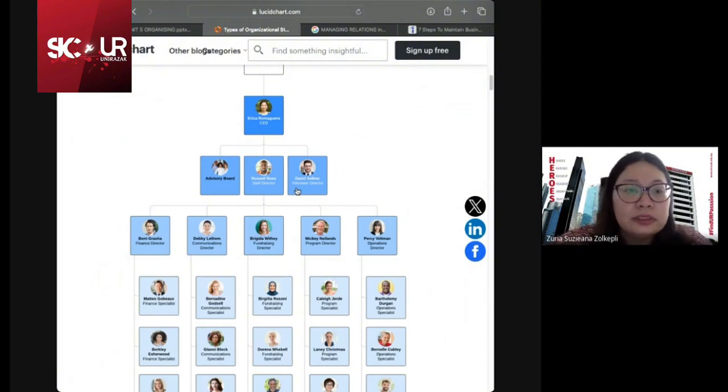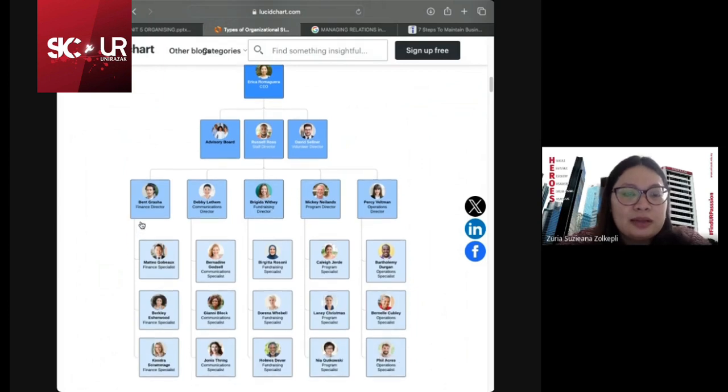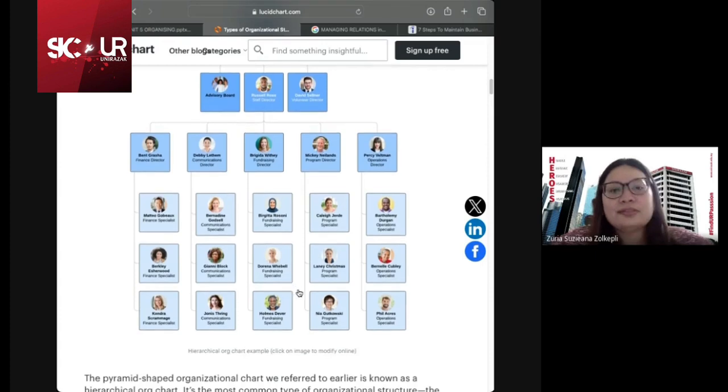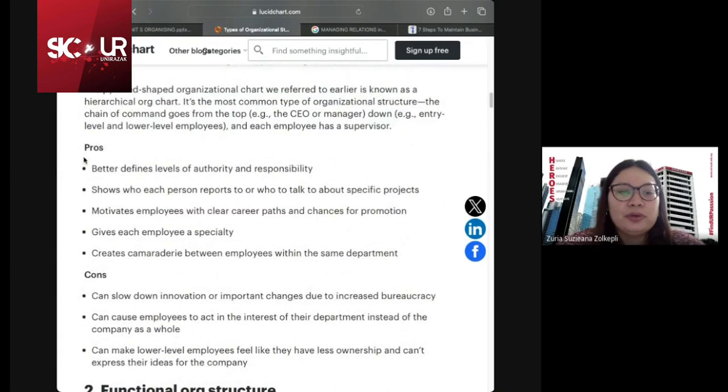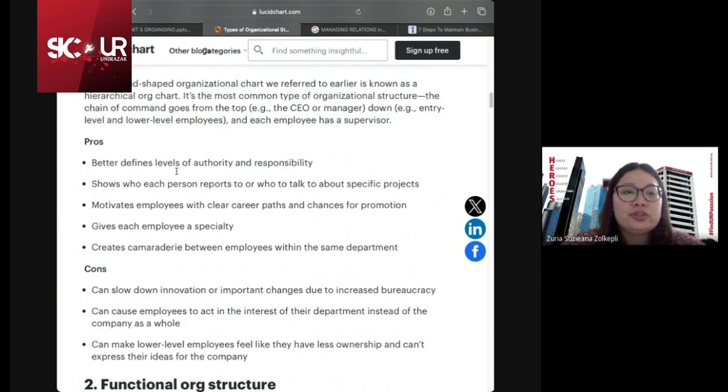And then you can see other directors, for example finance, communication, fundraising, program and operation director. These are the business functions. This is very common. The pro is that it defines the level of authority and responsibility. You can see clearly here who each person reports to, or who to talk to about a specific project.